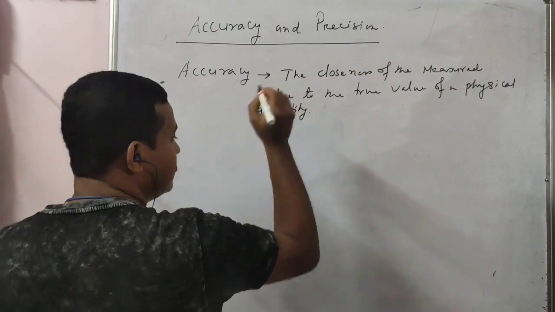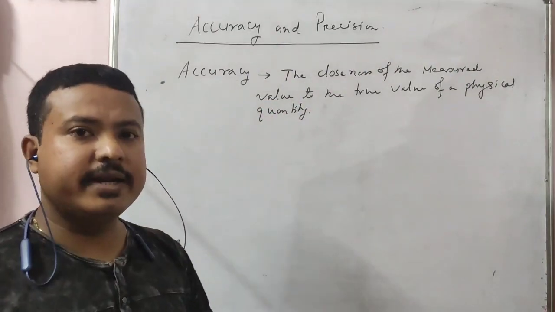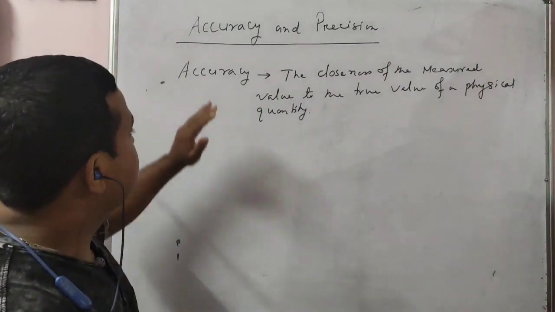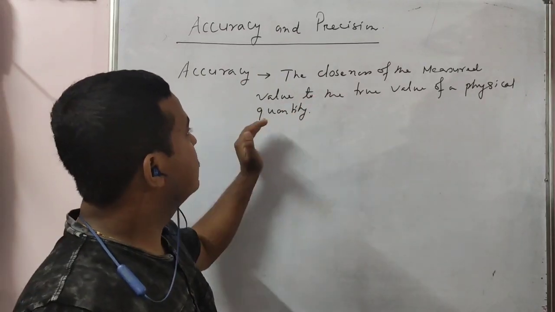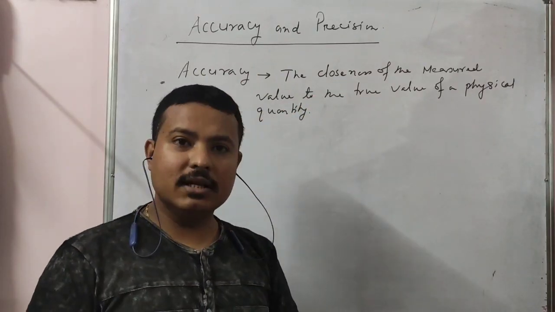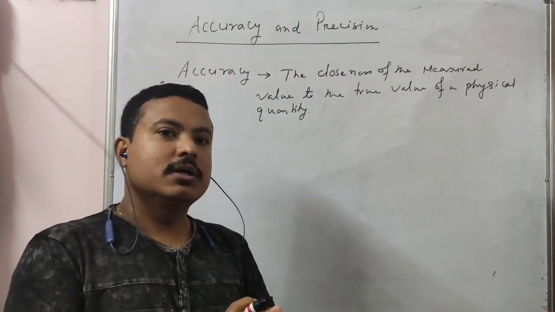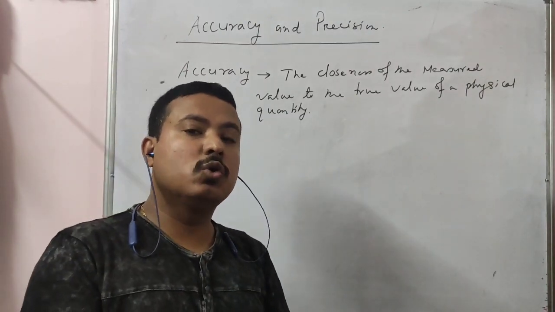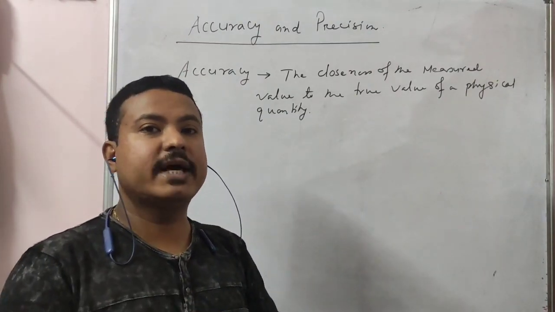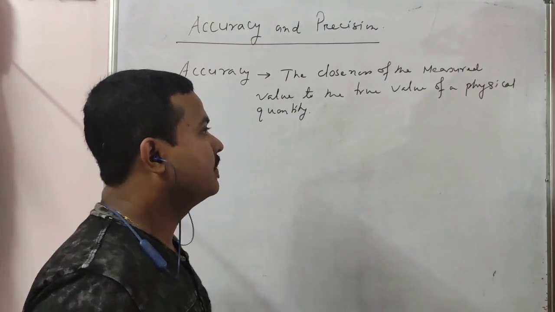But I will explain by taking an example. So accuracy means the closeness of the measured value to the true value of a physical quantity, means how the measured value is close to the actual value, true value, that gives you the accuracy.